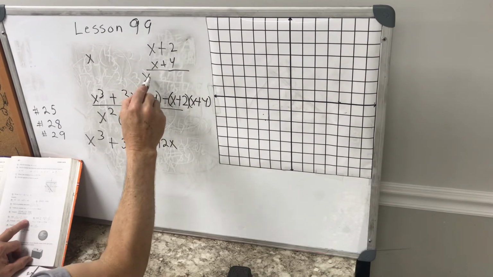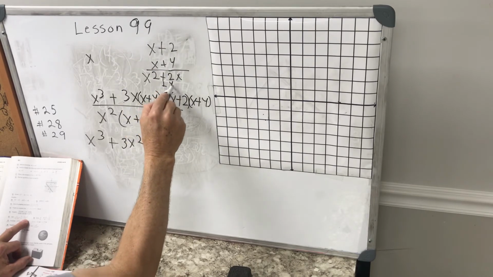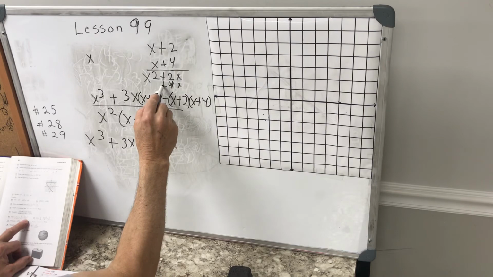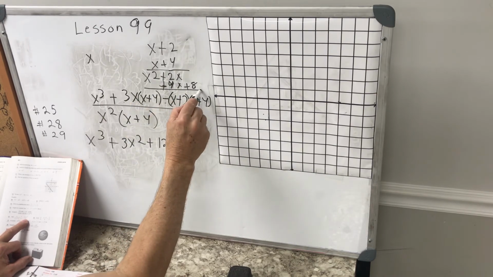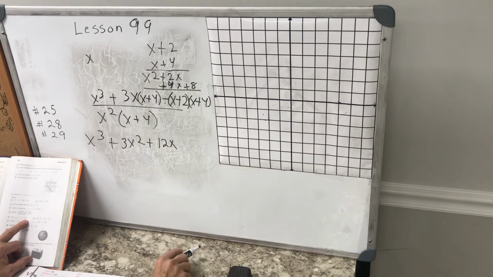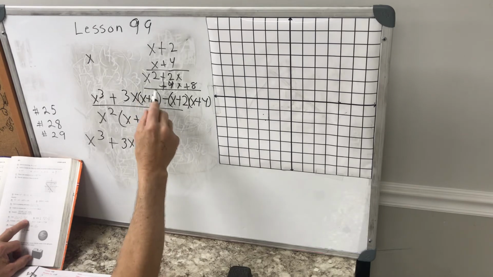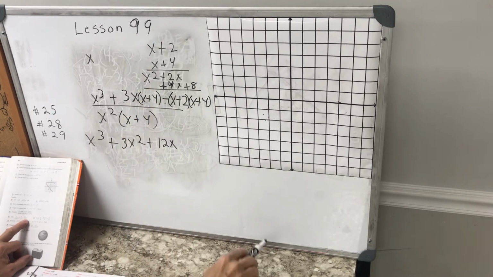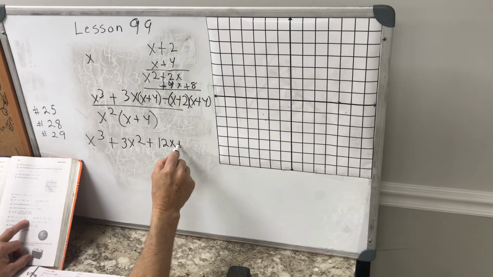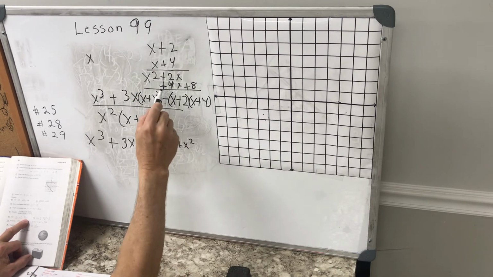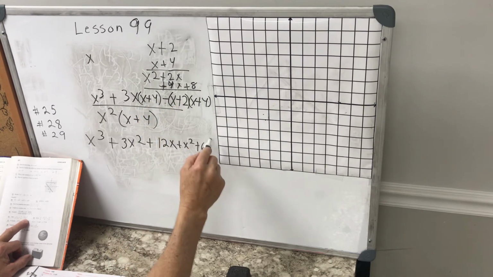That's going to be x squared plus 2x plus 4x, running out of room, plus 8. I'm going to bring this on down here. It's going to be tough here. This is positive x squared, and this is 2 and 4. That's going to be positive 6x, and that's positive 8.